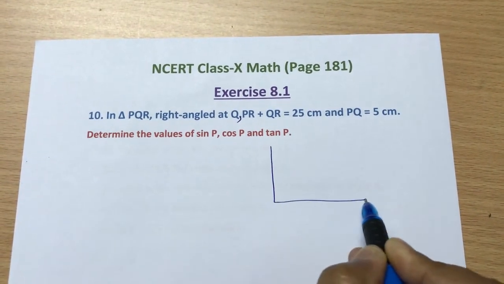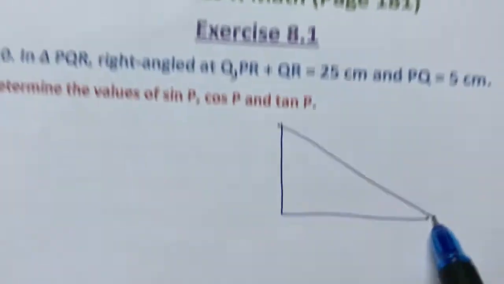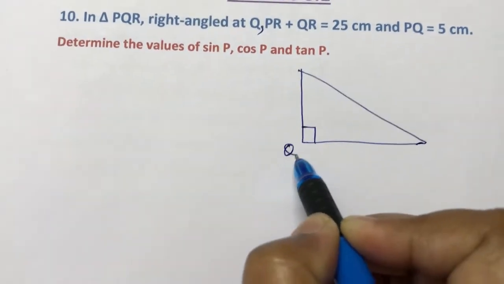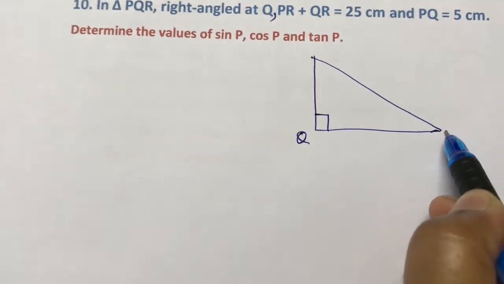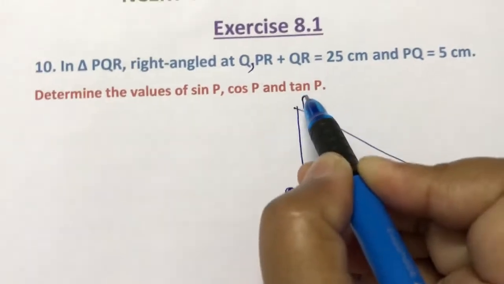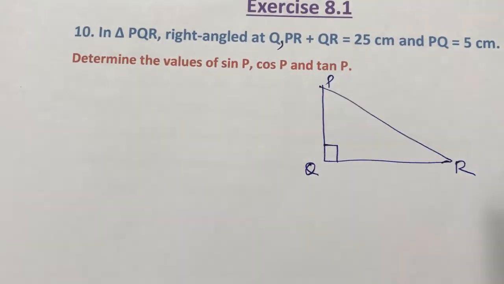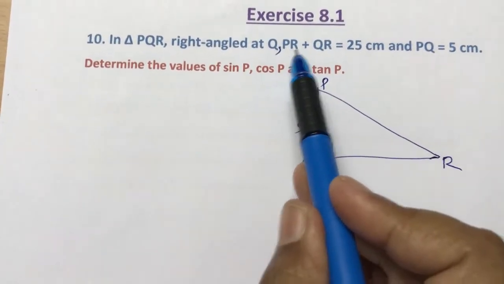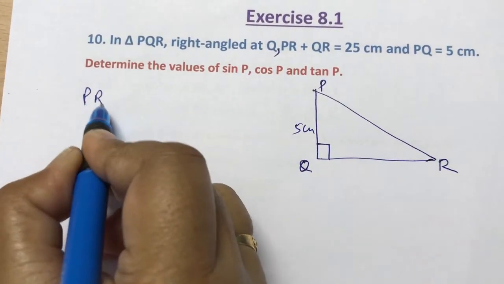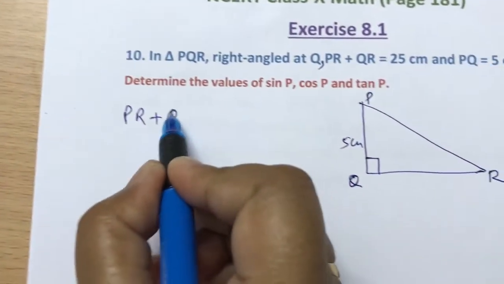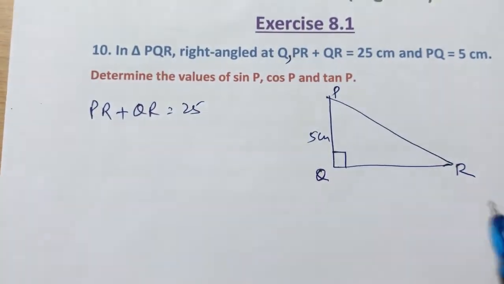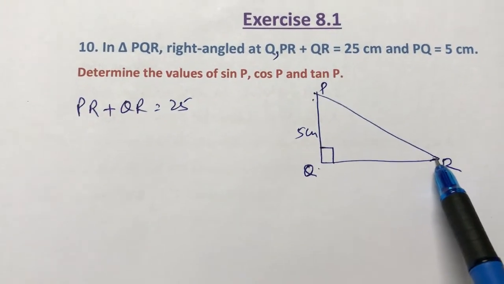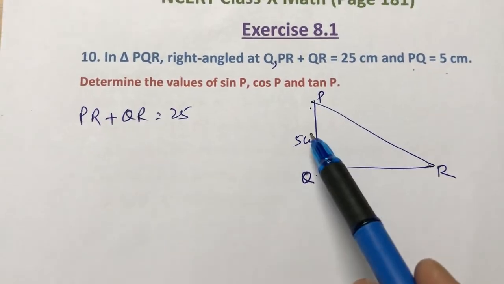We draw a right angle triangle which is right angled at Q. That means this is Q, and I name this R and this as P. It is given PQ is equal to 5 cm, and one more clue, it is given PR plus QR is equal to 25.